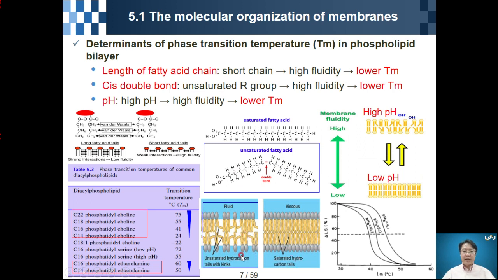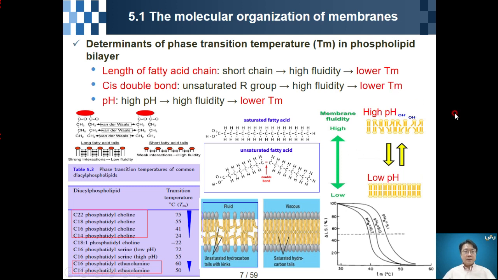When an unsaturated hydrocarbon exists, the status of the membrane, the phospholipid bilayer, will be fluid. It means that an unsaturated R group will induce high fluidity, and finally it will exhibit lower Tm.